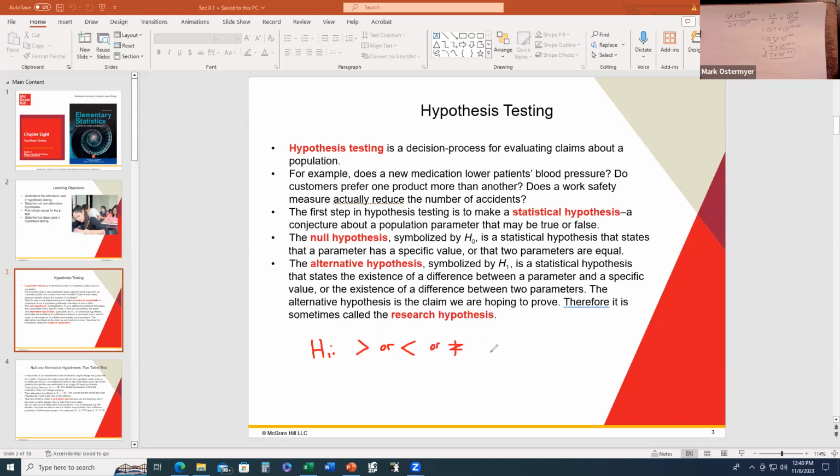It's got to be one of those. Knowing that this must be the case greatly aids our ability to establish our hypotheses for testing purposes.